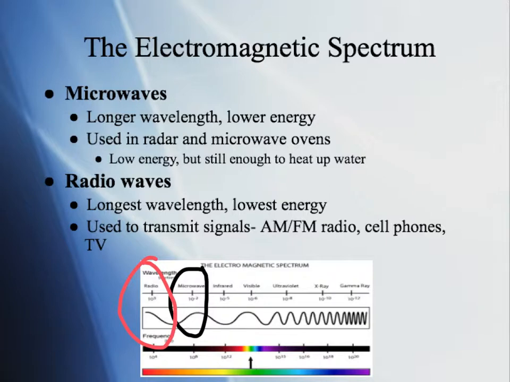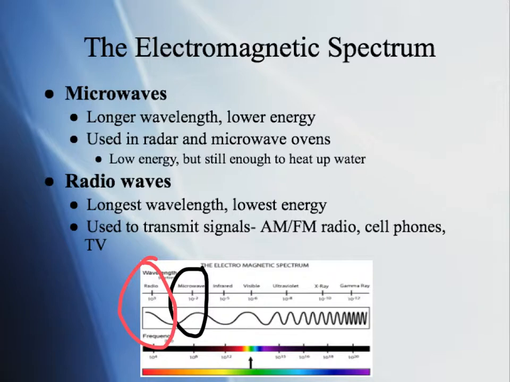All right, we've been using radio waves for many years to transmit signals for communication devices. It started out with AM/FM radios that use radio waves to send signals. Ham radios, walkie-talkies, cell phones, now TV, all of those communication devices send information along radio waves that have long wavelengths and low energy.